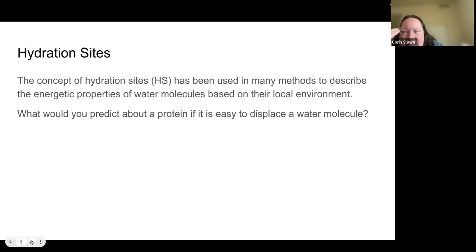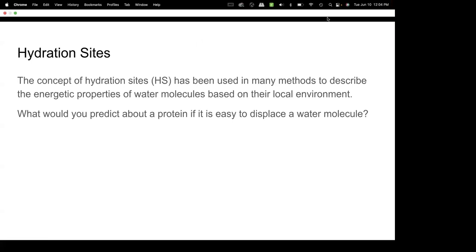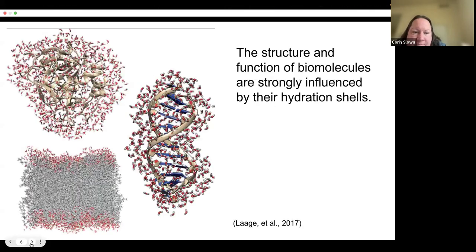What do you think you would see? It's not very charged. Yeah, right. If it's easy to move a water molecule, it's going to be almost entirely a surface that's carbon and hydrogens, as opposed to ions or something that's charged.